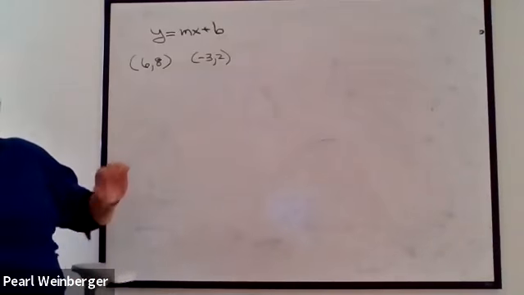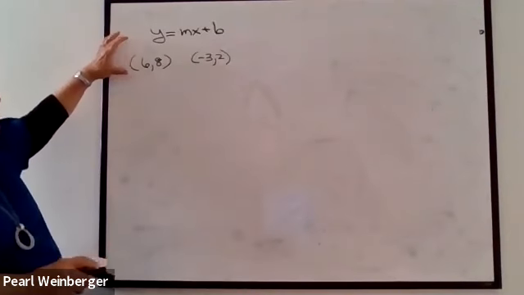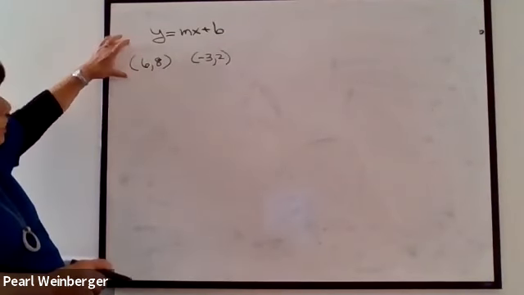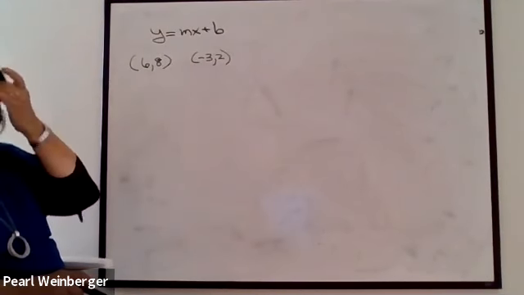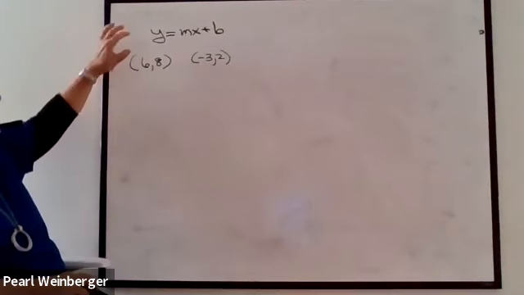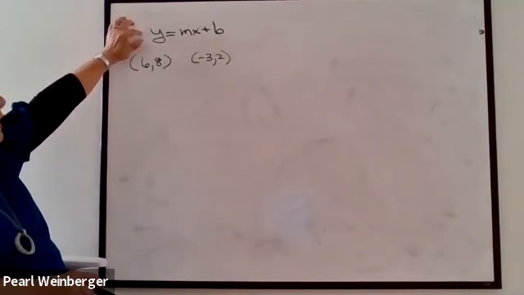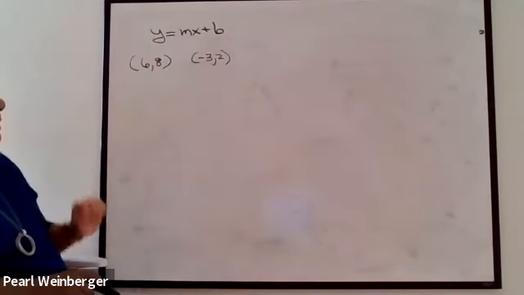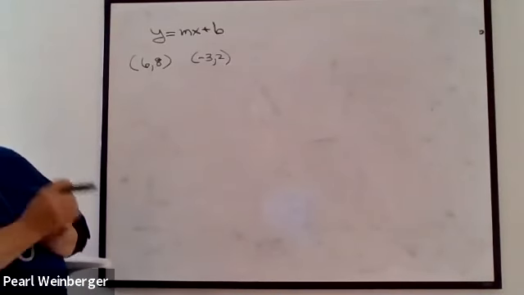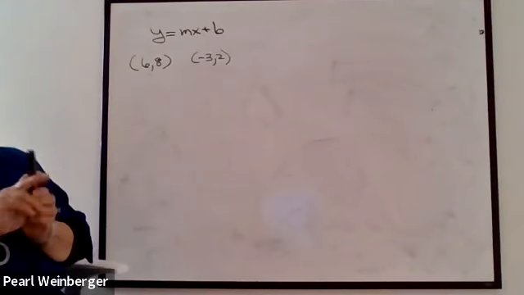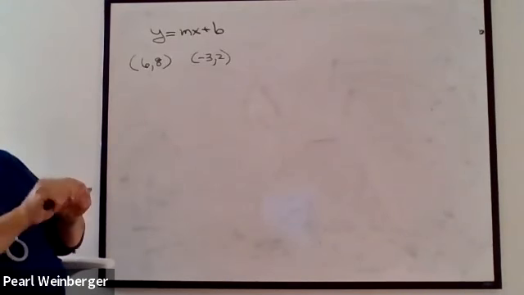All right, let's remember, we're trying to find the equation of the line that goes through these 2 points. So we are looking for something in the form of y equals mx plus b. And as in every case, the first thing we're going to look for is to try to find the slope.